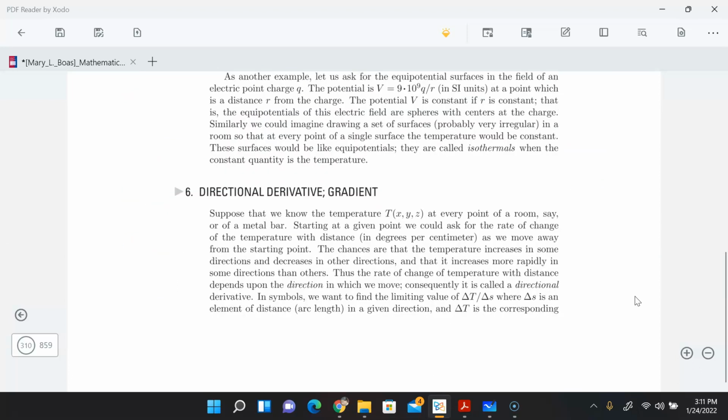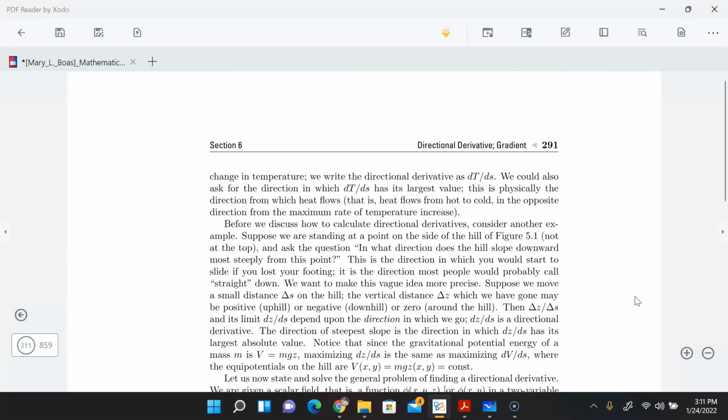The first thing that we want to know is the idea of a directional derivative. One of the examples just now was to look at temperatures. Just like the contours of the hill, you might want to see where the temperature is varying very fast or very slowly.